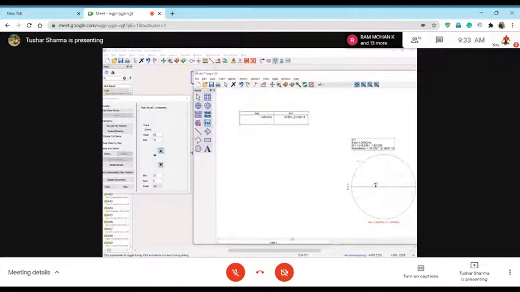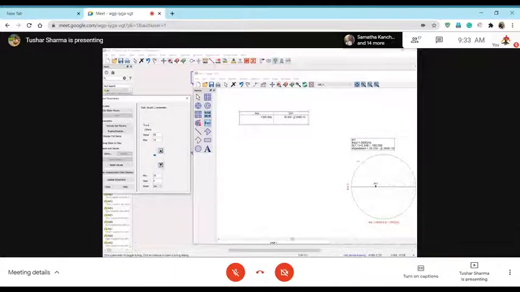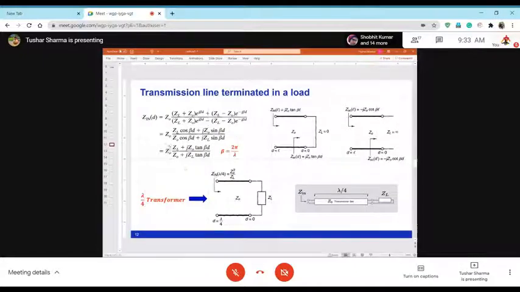Watch carefully. You will see that impedance moves as a function of characteristic impedance. Going back to our formula, this lambda by 4 transformer is a function of Z naught. If I fix my ZL and vary my Z naught, my input impedance will change.